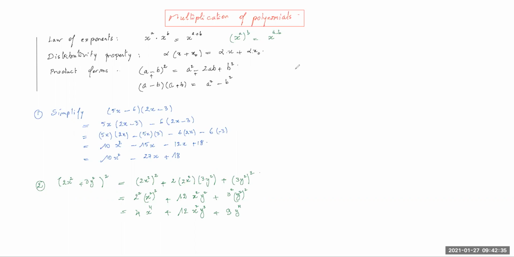The last example is a longer expression. You are asked to simplify, doing all the necessary calculations.